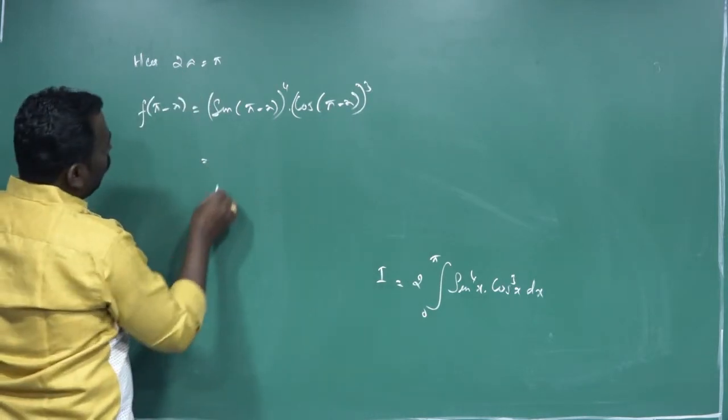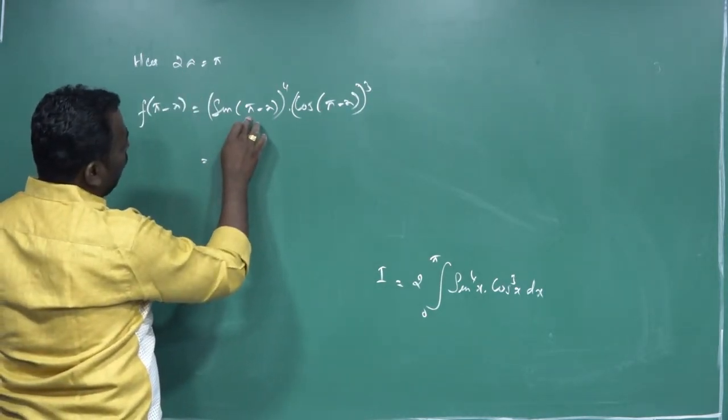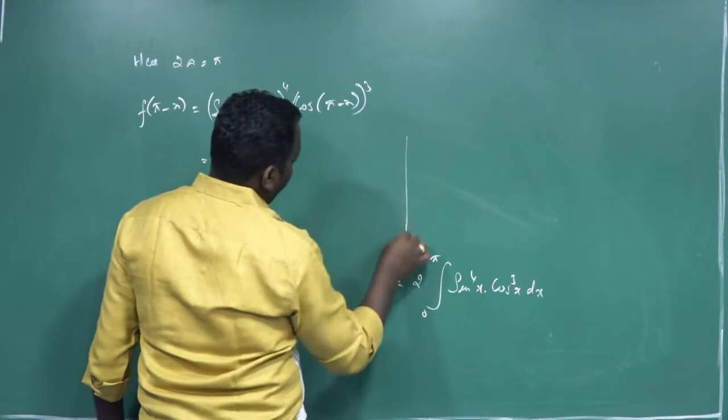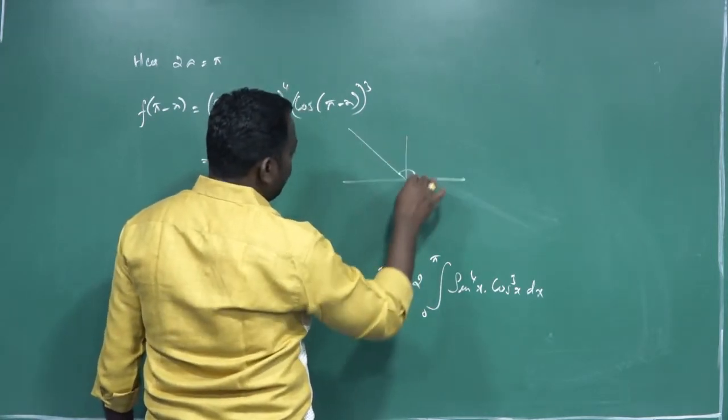Now, sin(π − x). Which quadrant does π − x lie in? The second quadrant.